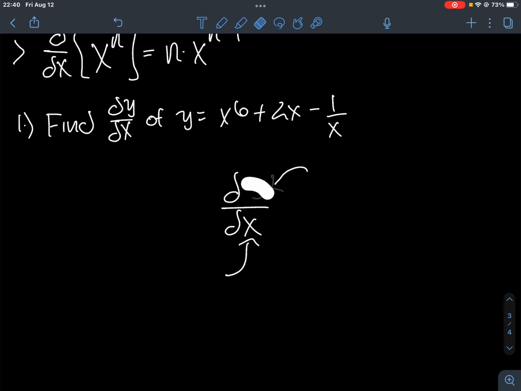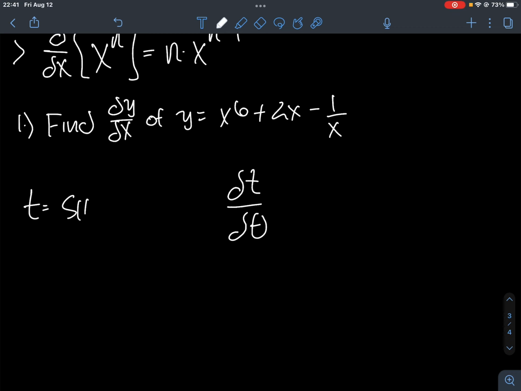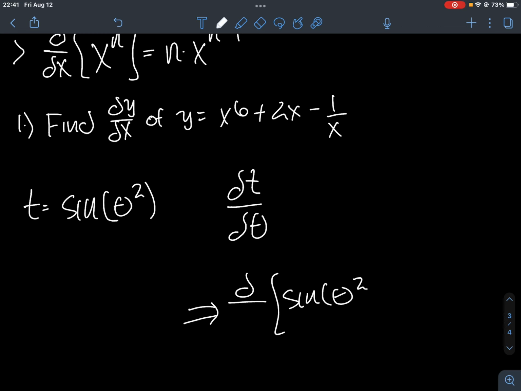Okay? If this is written a little bit different, say dt d theta, and say we're given a function t is equal to sine theta squared, well, all that means is, hey, take the derivative of t, which is sine theta squared, with respect to the theta variable.